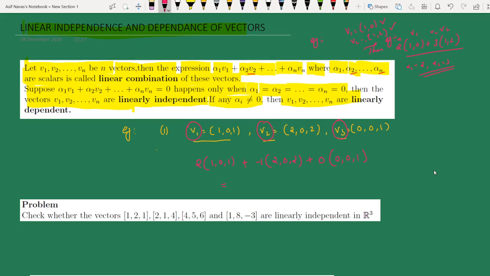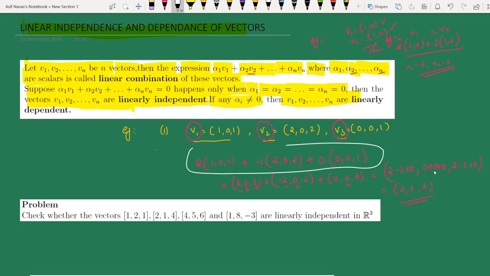How to multiply a vector and a scalar? 2 into 1 0 1 means 2 0 2, plus minus 2 0 minus 2, plus we multiply each coordinate with 0 to get 0 0 0. Then we add coordinate-wise: 2 minus 2 plus 0, 0 plus 0 plus 0, and 2 minus 2 plus 0. So what will you get? 0 0 0.